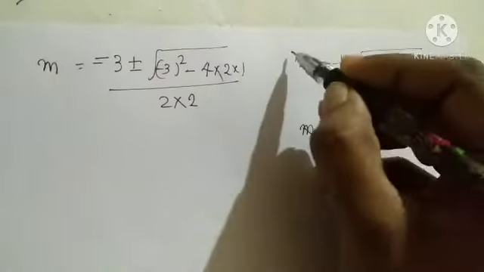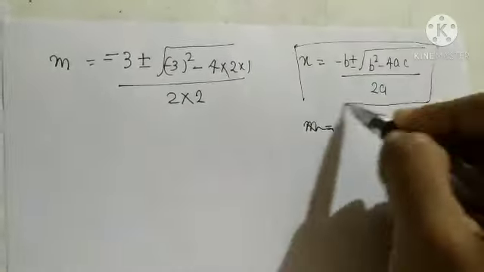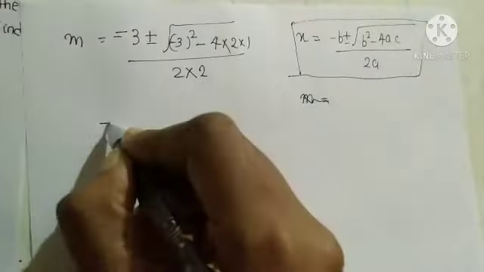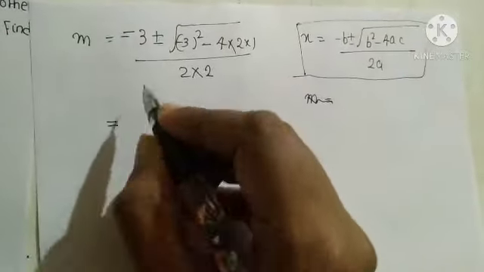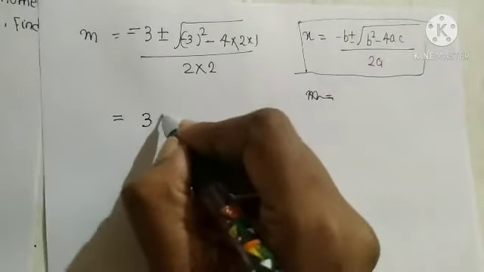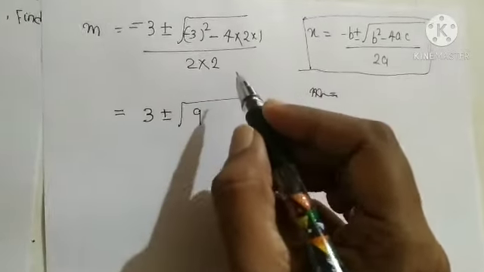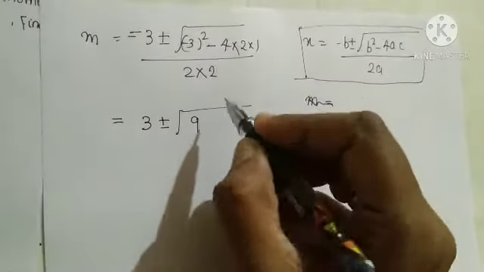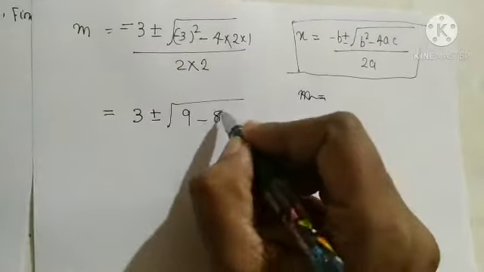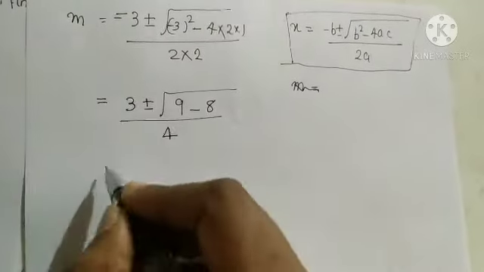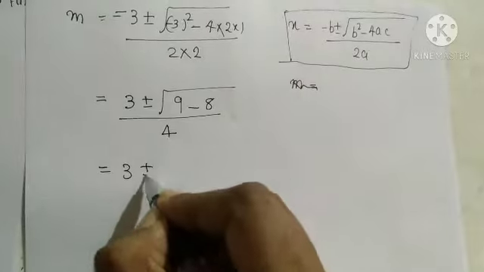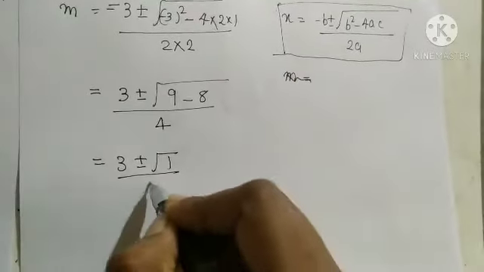Okay. And it will further equal minus of minus 3 will become plus 3 plus or minus root of 9, minus 3 all square will become 9, minus 4 into 2 is 8, divided by 4, equal to 3 plus or minus root 1 divided by 4.